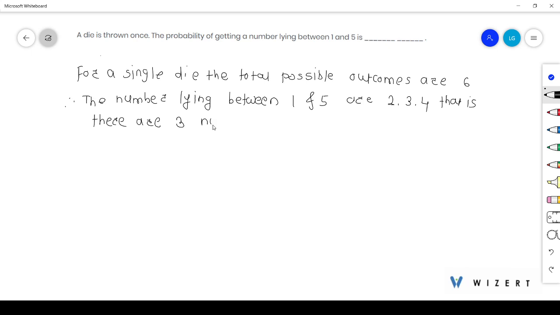Now, suppose E be the event of getting a number lying between 1 and 5.